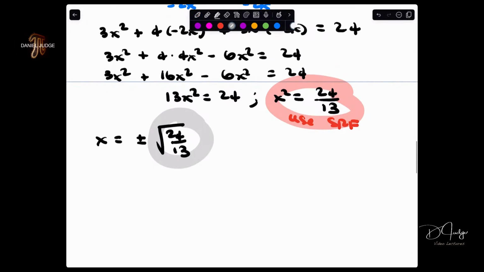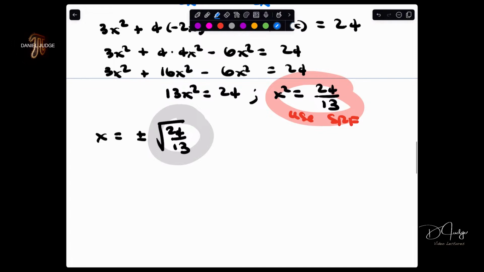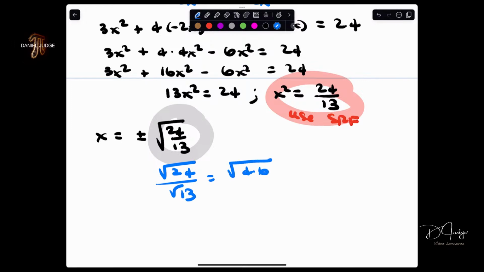I'm going to go through all the devil in the details. To simplify this radical, I would do that in intermediate algebra. It's the square root of 24 over the square root of 13, which is the square root of 4 times 6 over the square root of 13, which is 2 square root of 6 over the square root of 13.